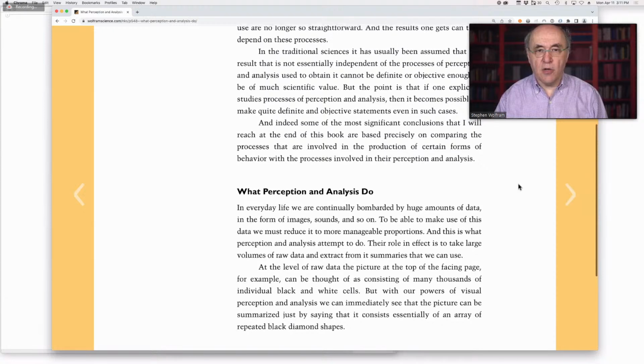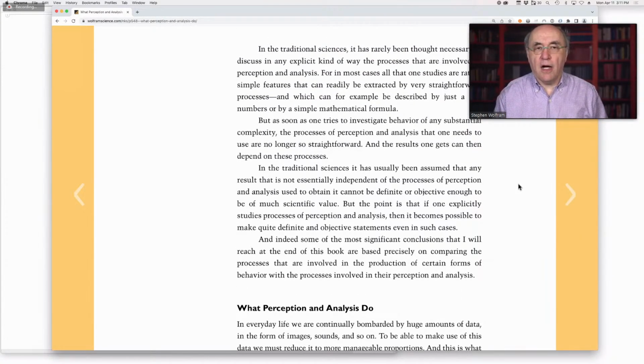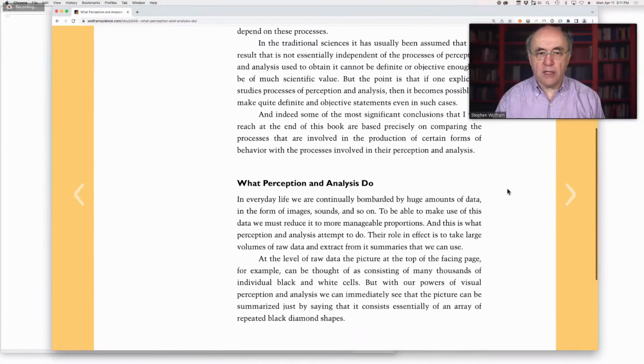And so what I'm launching with here is describing how we can expect to model the process that goes from the thing we have out there in the real world to our perception of that thing. Okay, so I talk here about what perception analysis do?